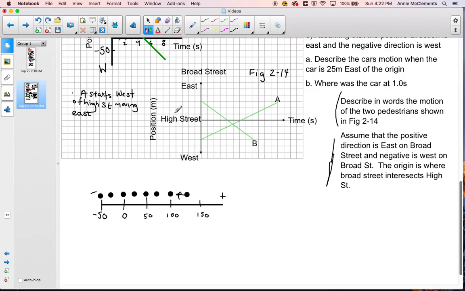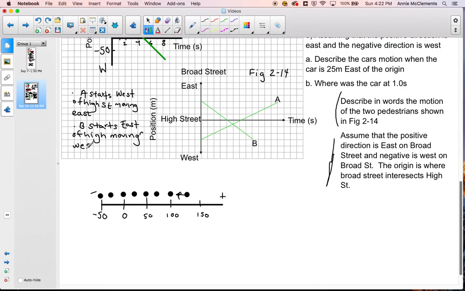They're going to start east of High Street and they're moving west, right? They're moving towards a westward position, okay? So B starts east of High. I'm just going to abbreviate this. You guys can do full sentences if you want. Moving west, okay?